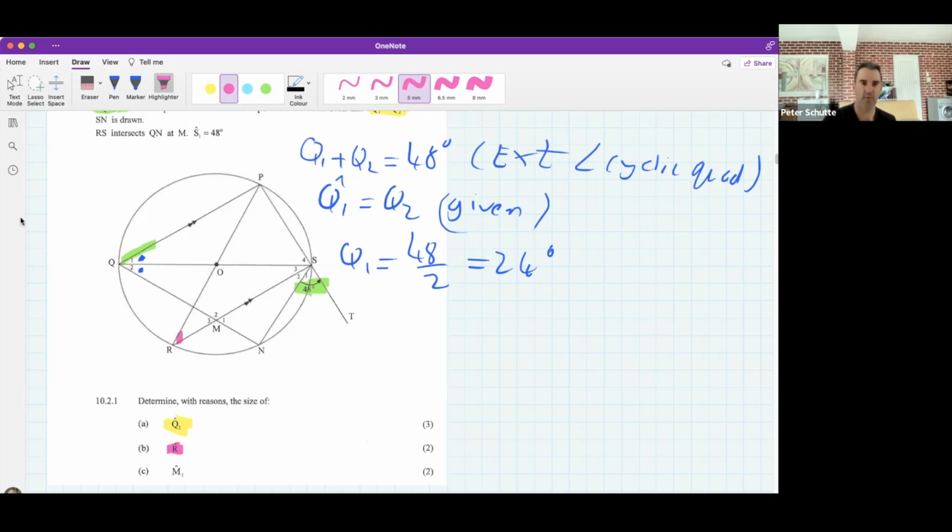Maybe we should write in what we found. So we know that this was 24 and this was 24 according to the working out that we've done. Can we connect that 24 to my pink thing down there?